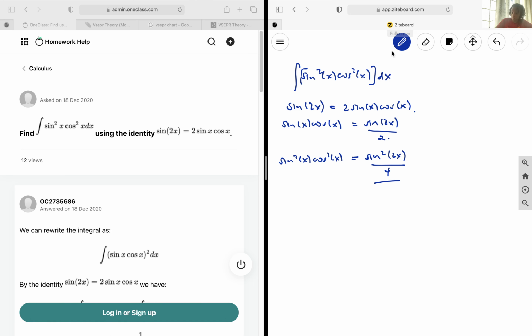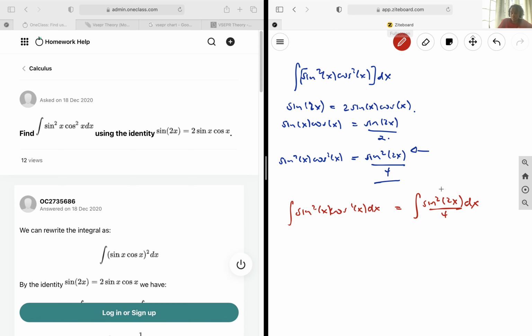And then furthermore, we are going to get rid of this. So just so that you are still following, we're going to put this into our question. So the integral of sine squared x cos squared x dx is going to be equal to the integral of sine squared 2x over 4 dx, because we found that these two are equal.